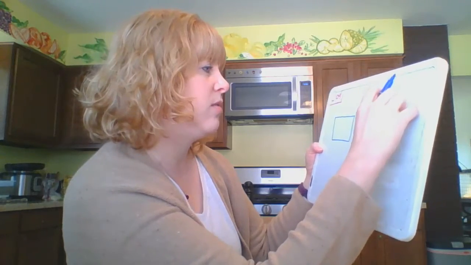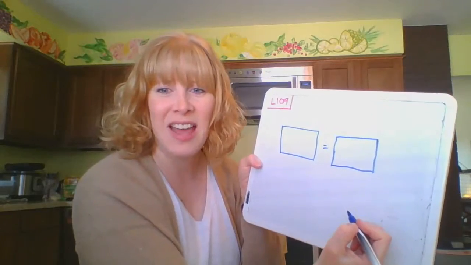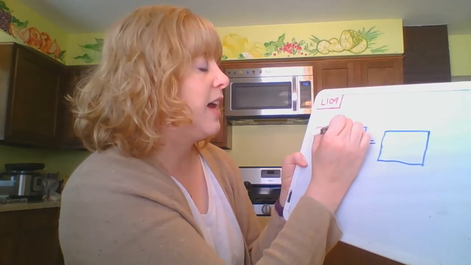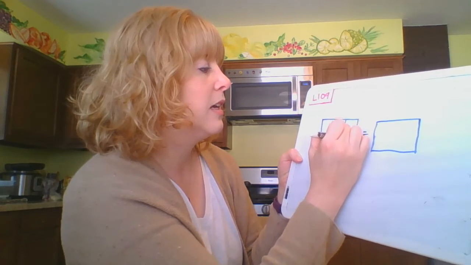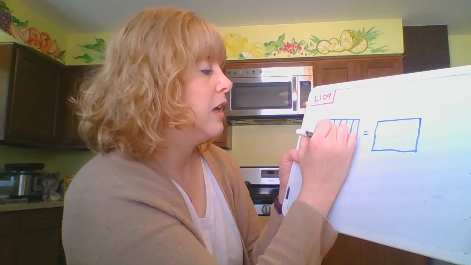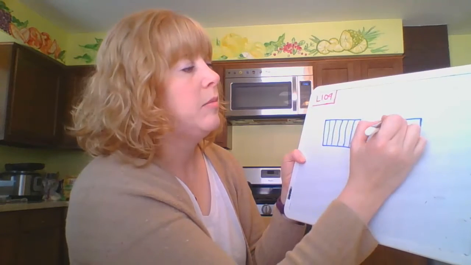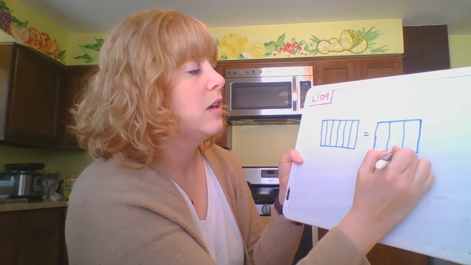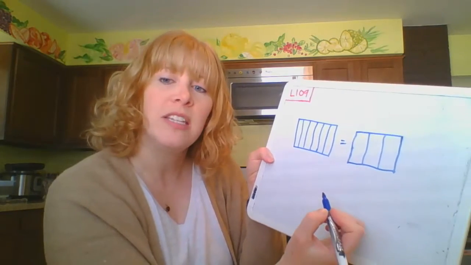Oh my goodness, the one on the right is really not very many straight edges on that one, but you will at least be able to get the idea. So I'm going to divide this into 6. I'm going to divide this into 3. And I want to show that 1/3 is equivalent to 2/6.